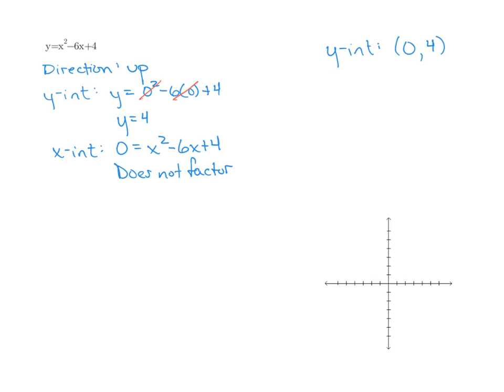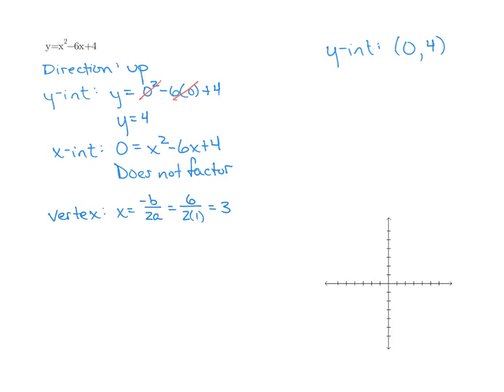Okay, what about our vertex? If we plug into our vertex formula, we get x equals negative b over 2a. So this becomes minus negative 6 becomes positive 6 over 2 times 1 equals 3.